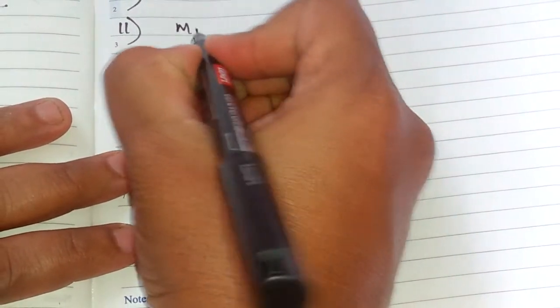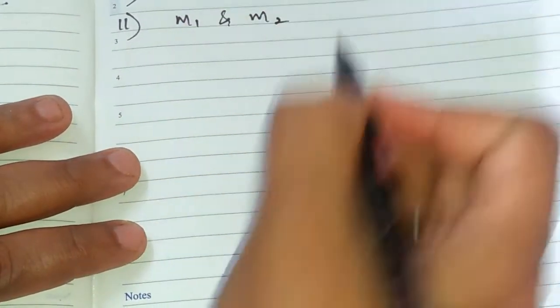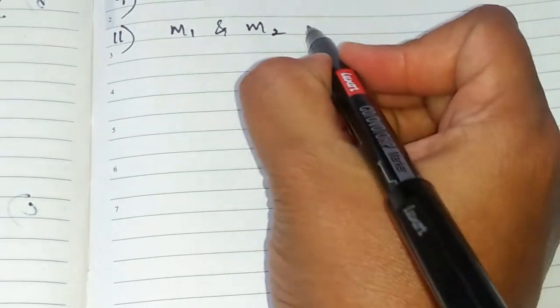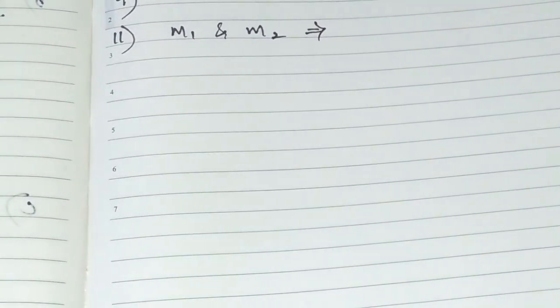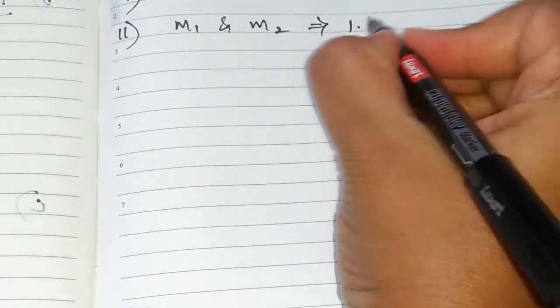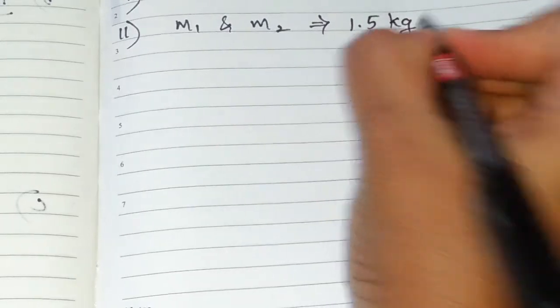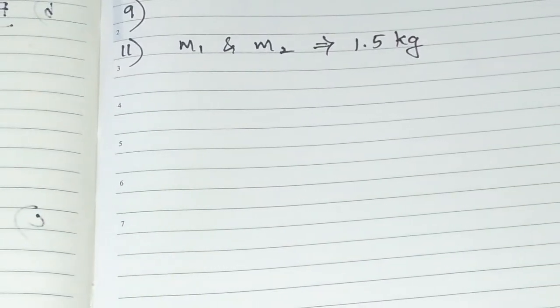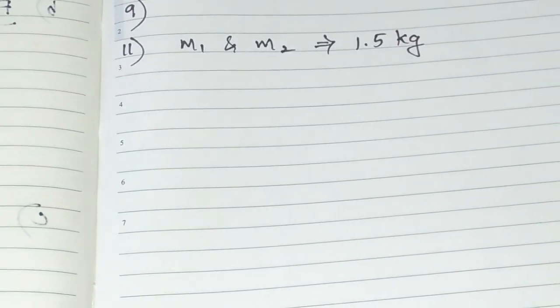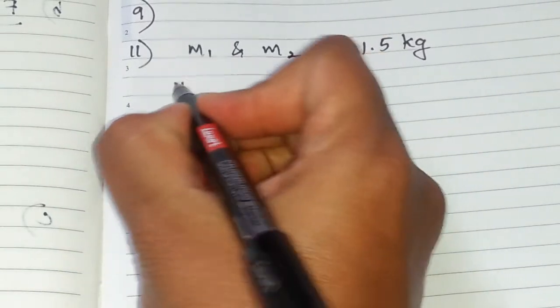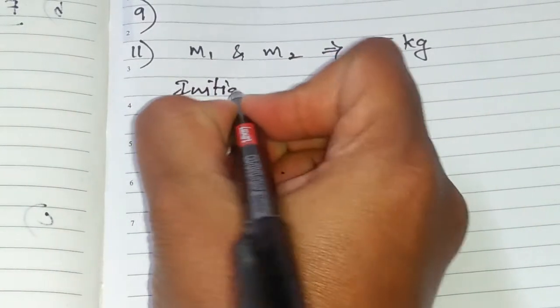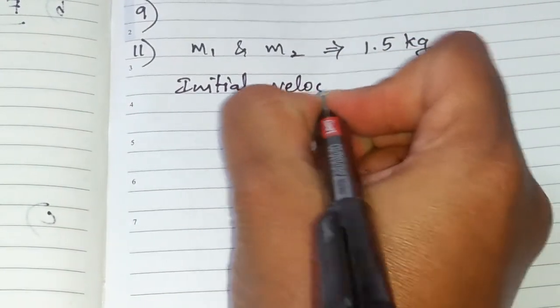Okay. Now let me see what masses are given in the question. I am taking these masses as m1 and m2. What are the masses given here, children? Both masses are equal, no? Both m1 and m2 are 1.5 kilograms. Now the initial velocity.